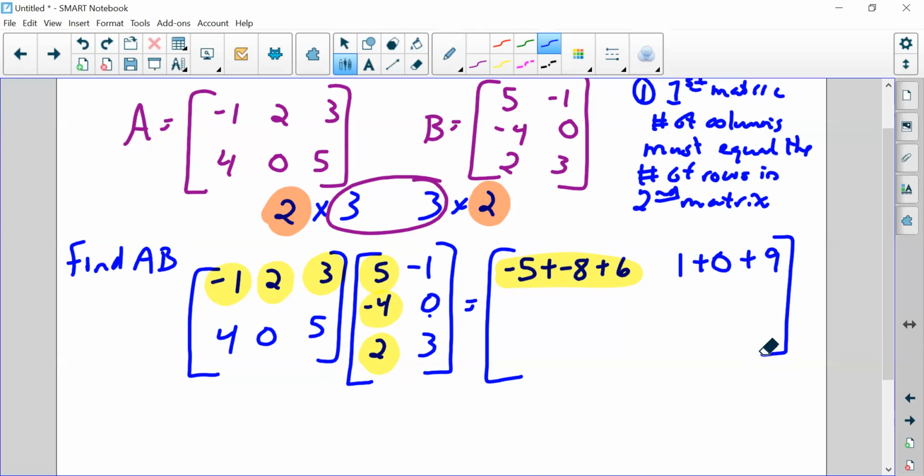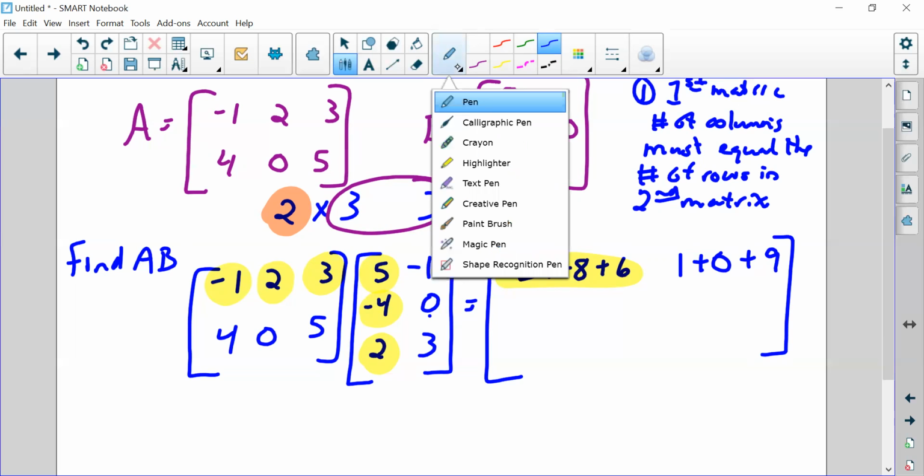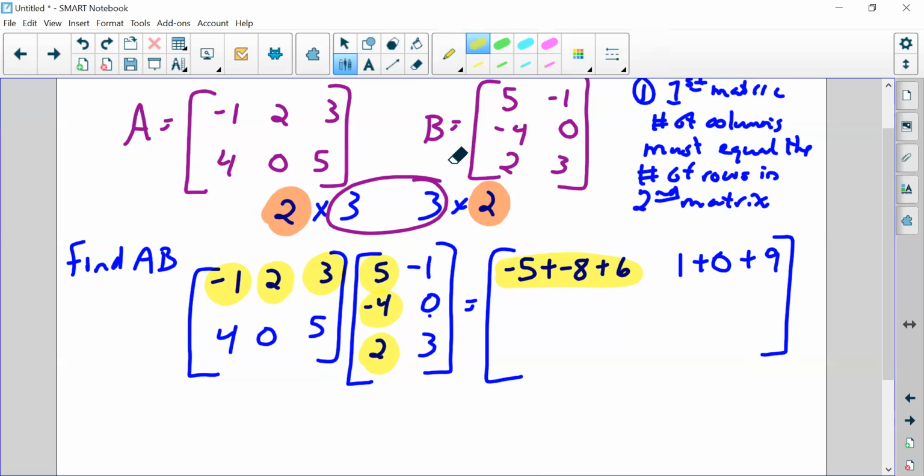Now I've gone all the way across, so I need to move to the second row. I'm going to take my second row and times it by my first column. So 4 times 5, 20. Move over and down.